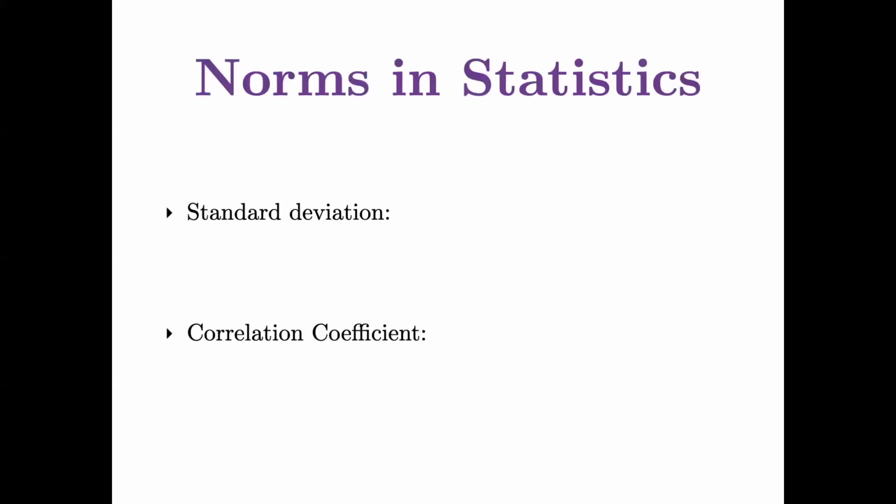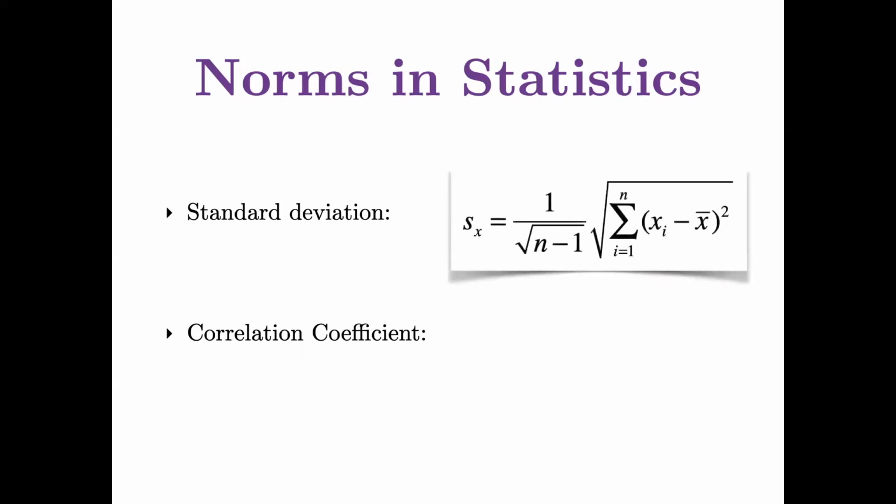There are also some norms that show up in statistics. The formula for standard deviation is as follows. Now, when I got to graduate mathematics and we learned the definition of norm, and then I got to graduate statistics, it made me very happy to rewrite all these yucky statistics formulas in very clean mathematical notation.